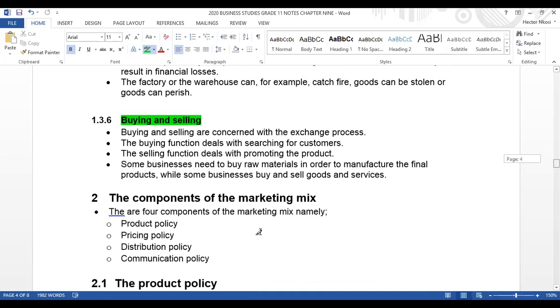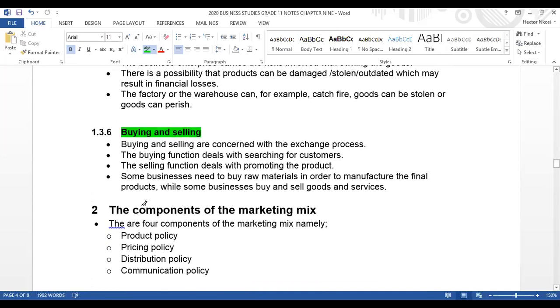Now, let's look at the components of your marketing mix. There are 4 components of the marketing mix. You've got your product policy, pricing policy, distribution policy, and communication policy. However, boys and girls, we have covered your pricing policy.